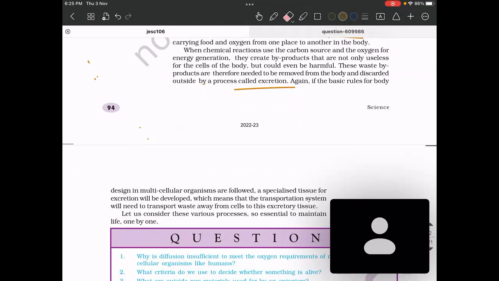More than the supply of food, the removal of wastes is very, very important. Otherwise, what occurs? The waste substances become harmful.